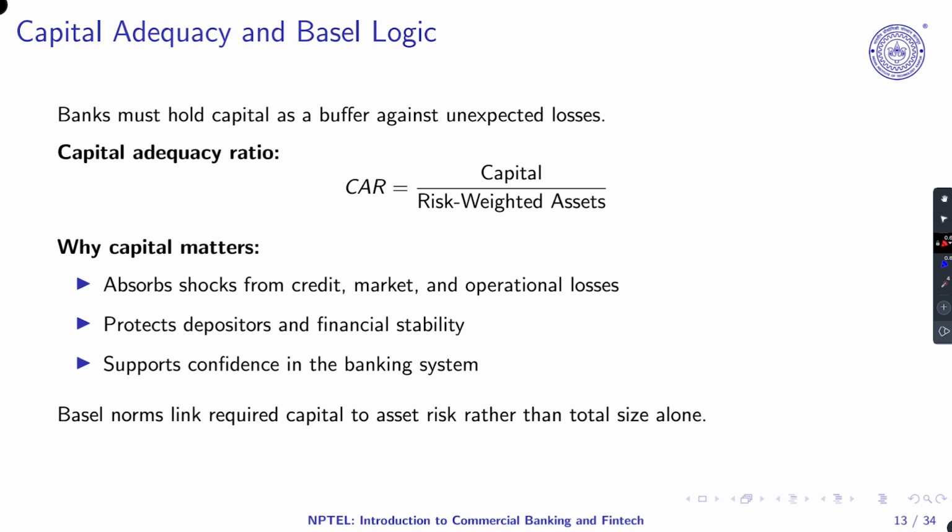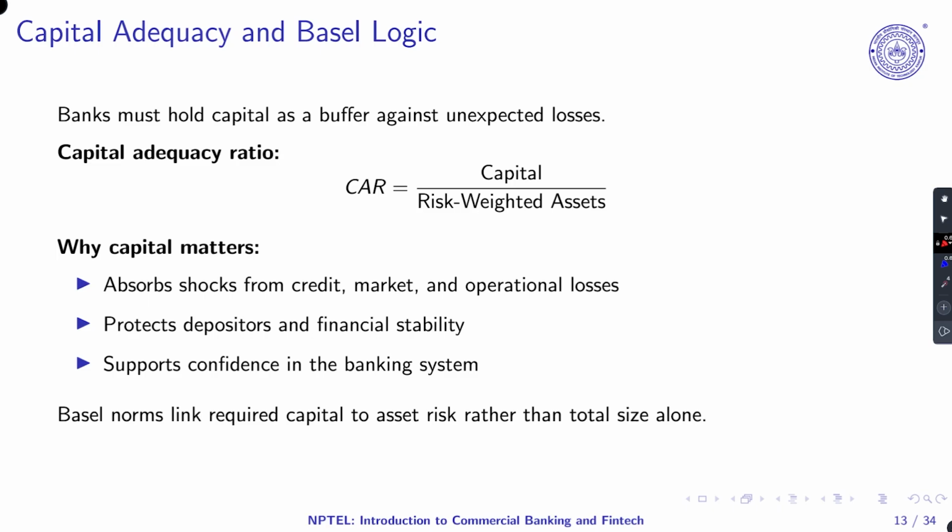Then we have capital adequacy. In Basel I we mentioned that capital adequacy means the total capital, tier 1 and tier 2 plus AT1, upon the risk weighted exposure of the loans in different sectors. If the capital is higher, your CAR will be higher. Normally 12 to 15% is the criterion.